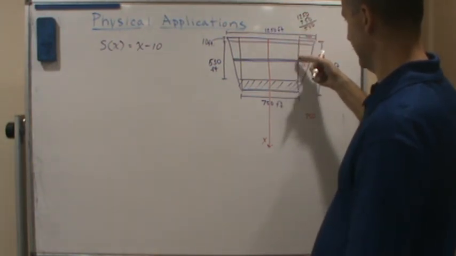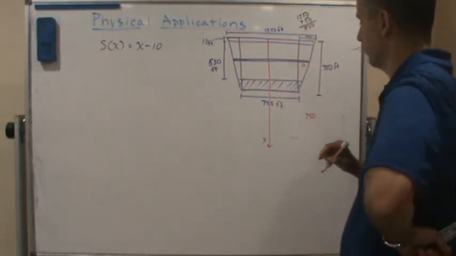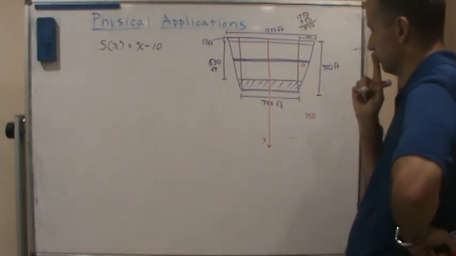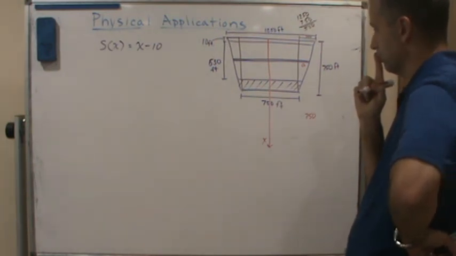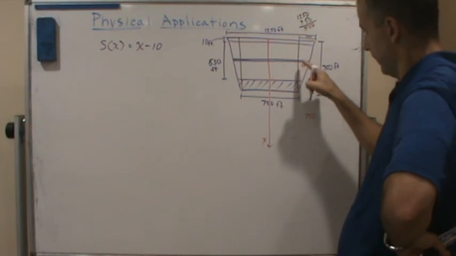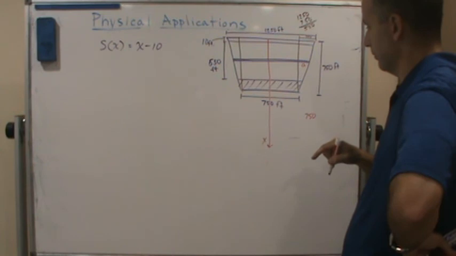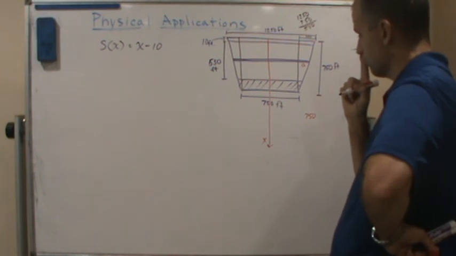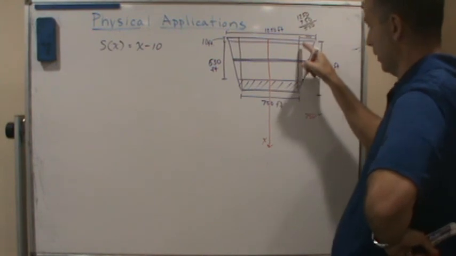If I want this one here, how are we going to do that? Well, this side here is what? It's going to be the 750 minus whatever this piece is.